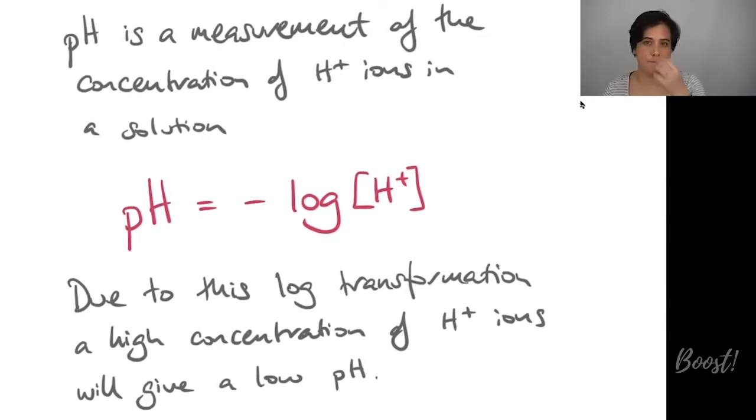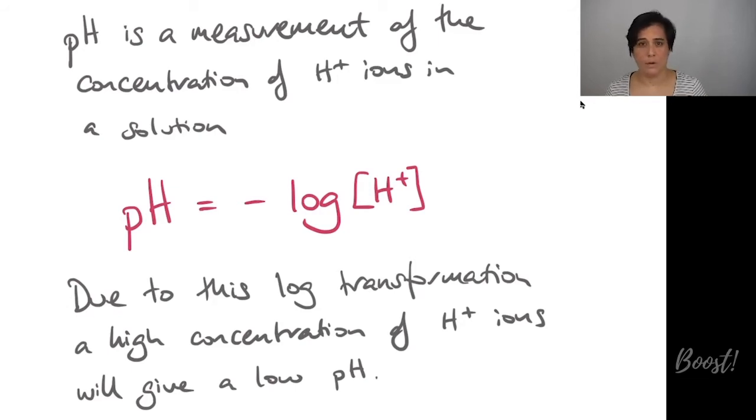You'll know how to measure pH from various experiments you've been doing ever since year 7 probably, using indicator paper, using pH meters perhaps, using indicator solutions. You perhaps have looked at different indicator solutions with different colour changes, and they're all there to show you whether something is acidic or alkaline, or perhaps some of them, like universal indicator, will give you a range that will actually tell you what the pH of the acid is.